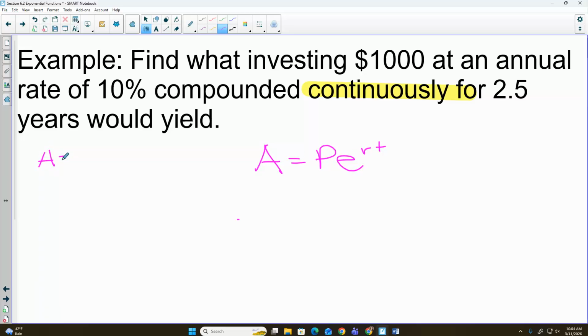We need A, P, R, and T. Investing $1,000, so that's our starting amount. Which variable does that go in for? P. At a rate of 10%, so my R would be 0.1. Compounded continuously for 2.5 years, so that's my time. And we're trying to find what we would get, so we're looking for A.